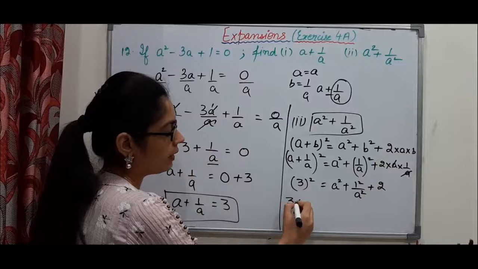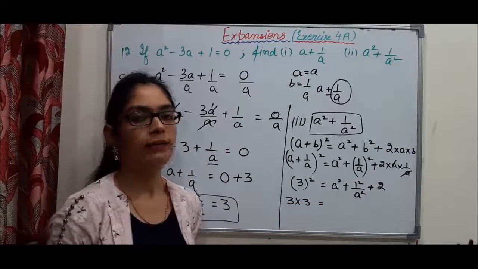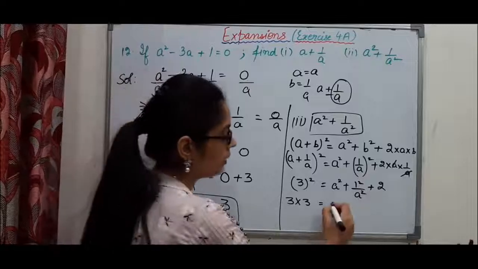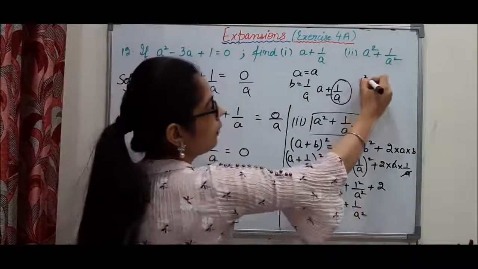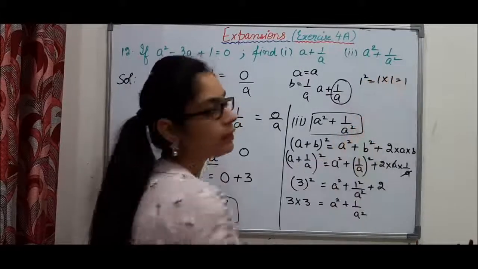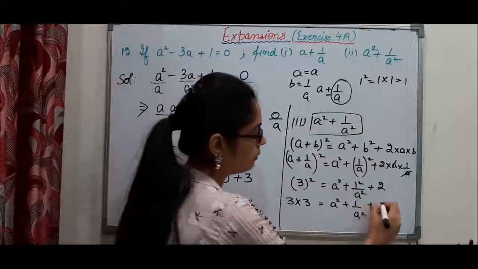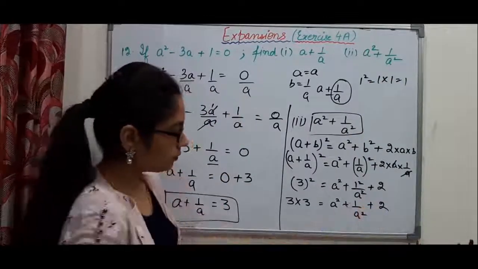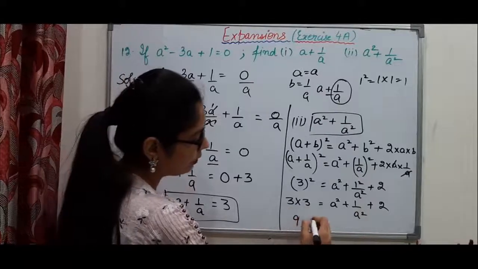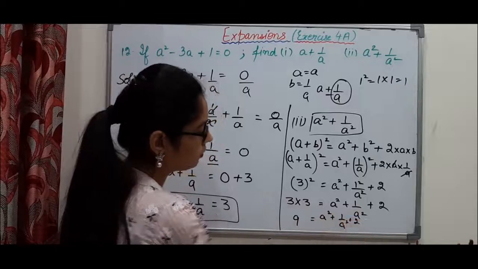So 3 square is 3 into 3, 3 we have to multiply by itself 2 times. So a square plus 1 by a square, see, 1 square is 1 into 1, which is 1. So I have written it as a square plus 1 by a square plus 2. 3 into 3 is 9. A square plus 1 by a square plus 2.